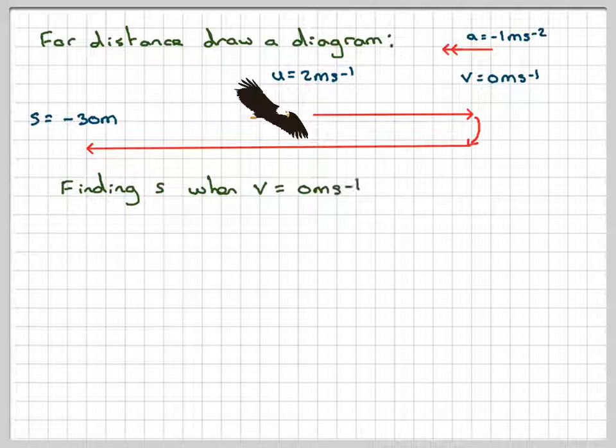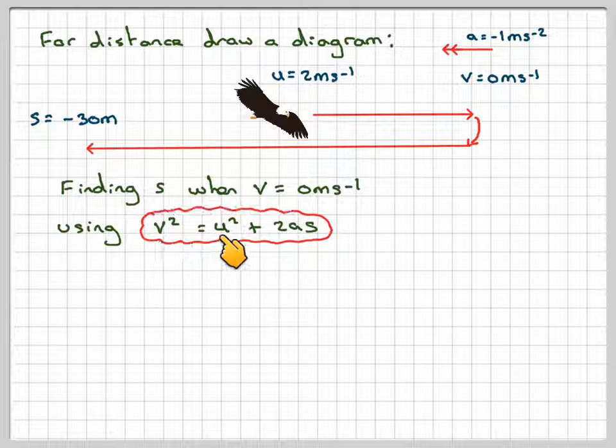So, finding the s when v is equal to 0 meters per second. So we're finding this distance here, basically. We're going to use v squared is equal to u squared plus 2as. So v is equal to 0.